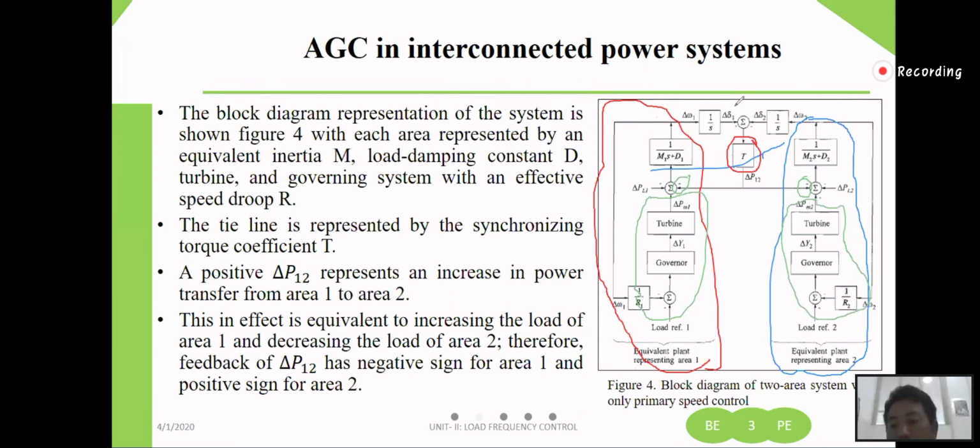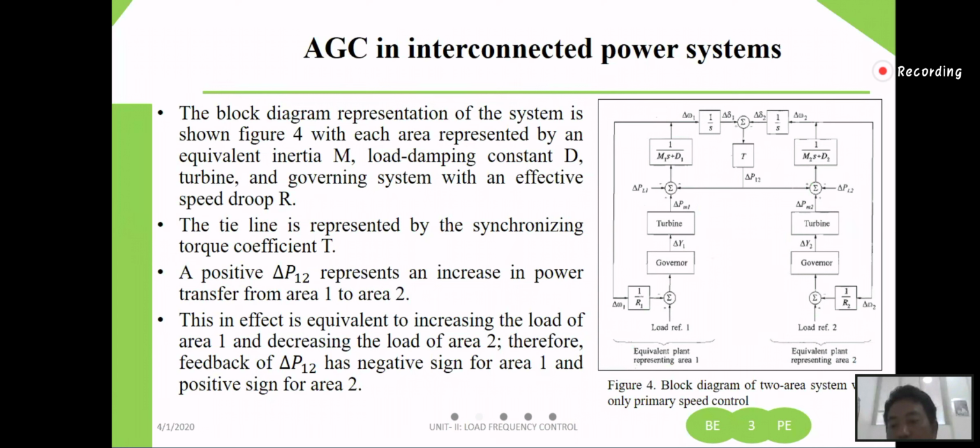Now we have to derive a mathematical equation involving frequency, because we are studying frequency control. Assuming that after some time the system reaches steady state, we'll try to find the value of the steady state frequency.